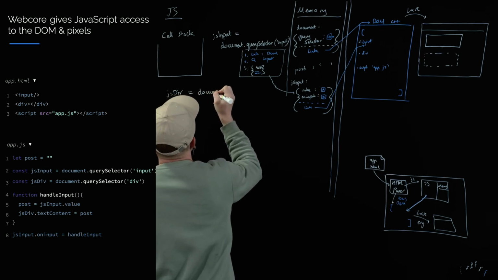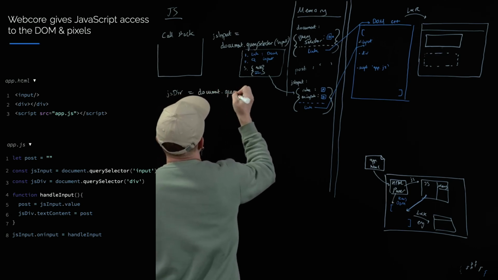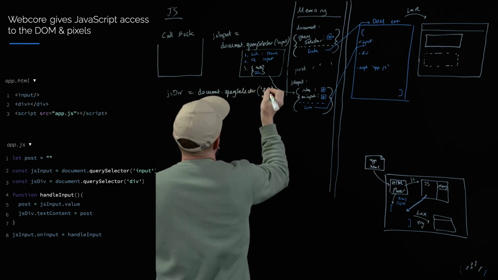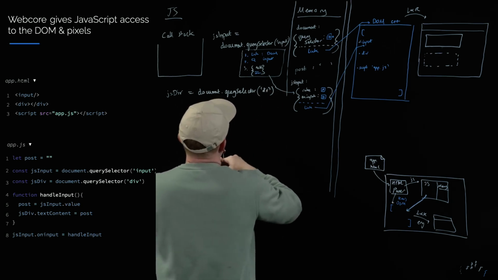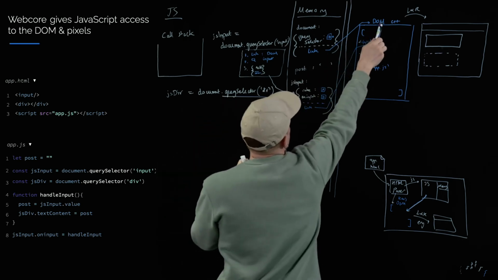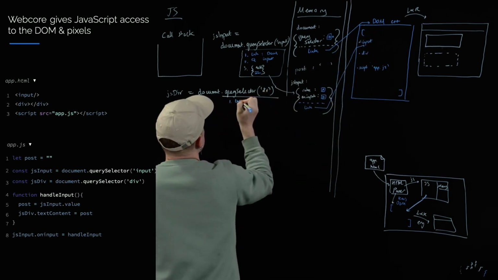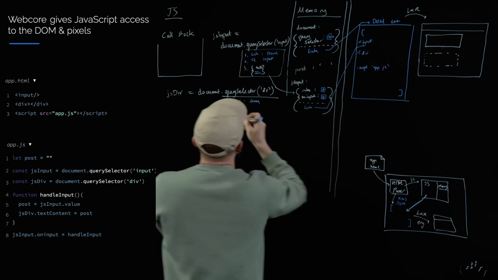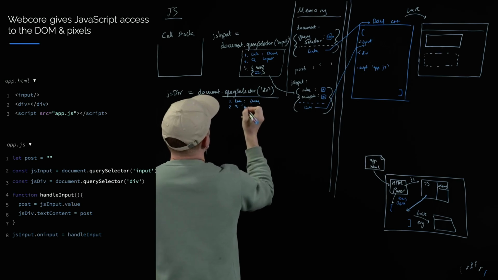Then we are calling document query selector method, passing the div argument. Well put. And then that first goes to its link DOM, and then finds the div. You bet it does. And it's querying for div.